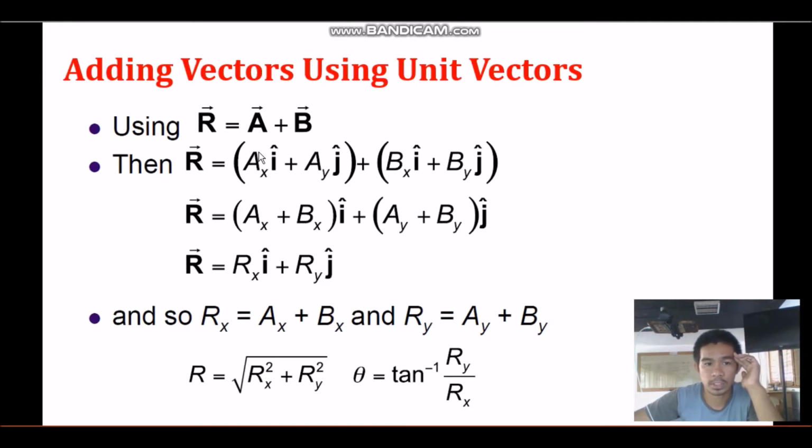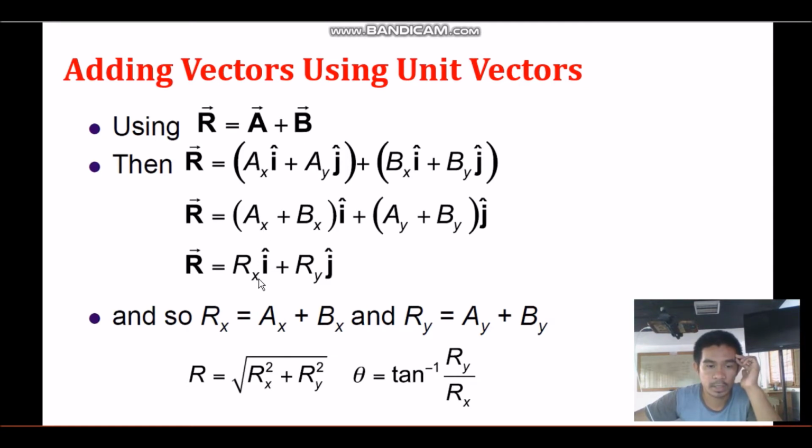So the sum, vector r, which is vector a plus vector b, will be expressed in terms of r of x. r of x is the sum of all x components of the given vectors, vector a and vector b.